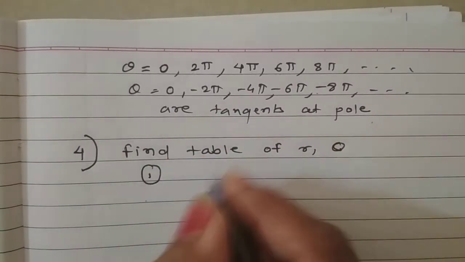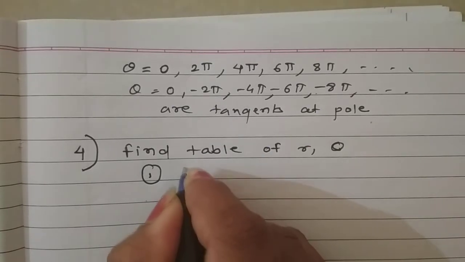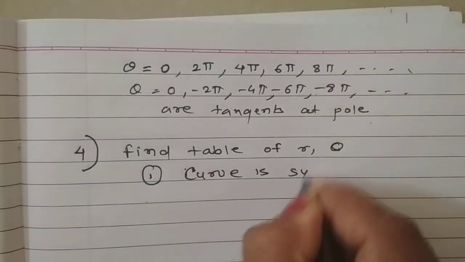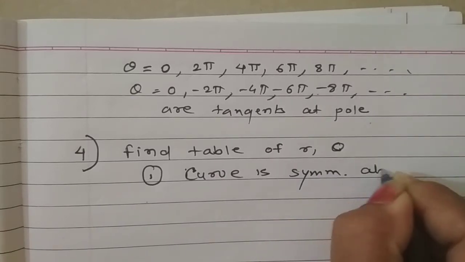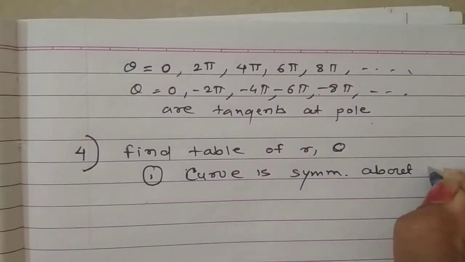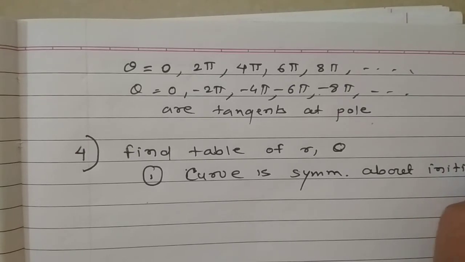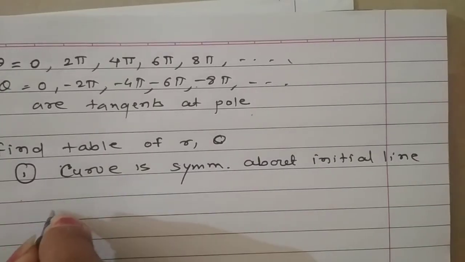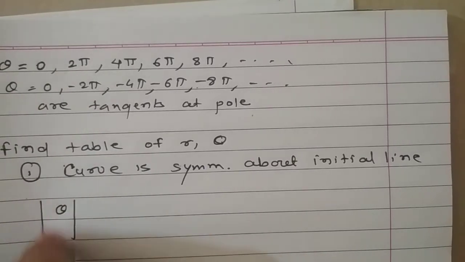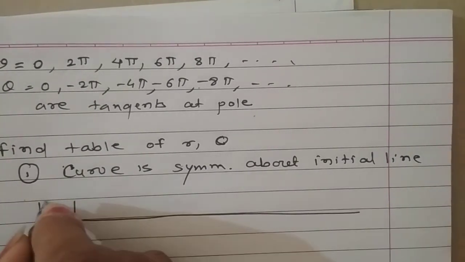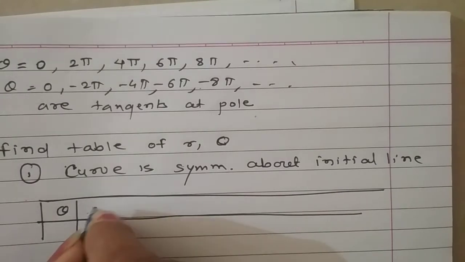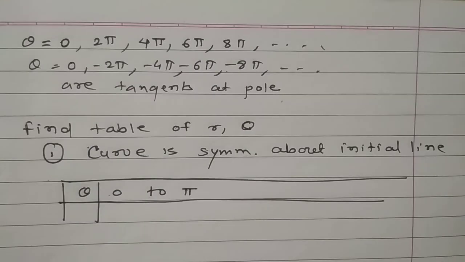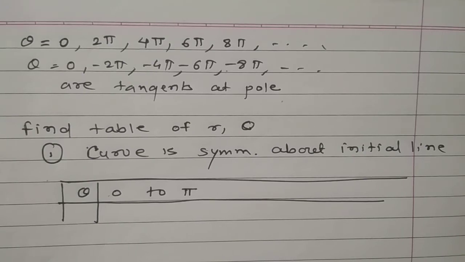Number 1, when our curve is symmetric about initial line, then take values of theta from 0 to pi, because our curve is symmetric about initial line.